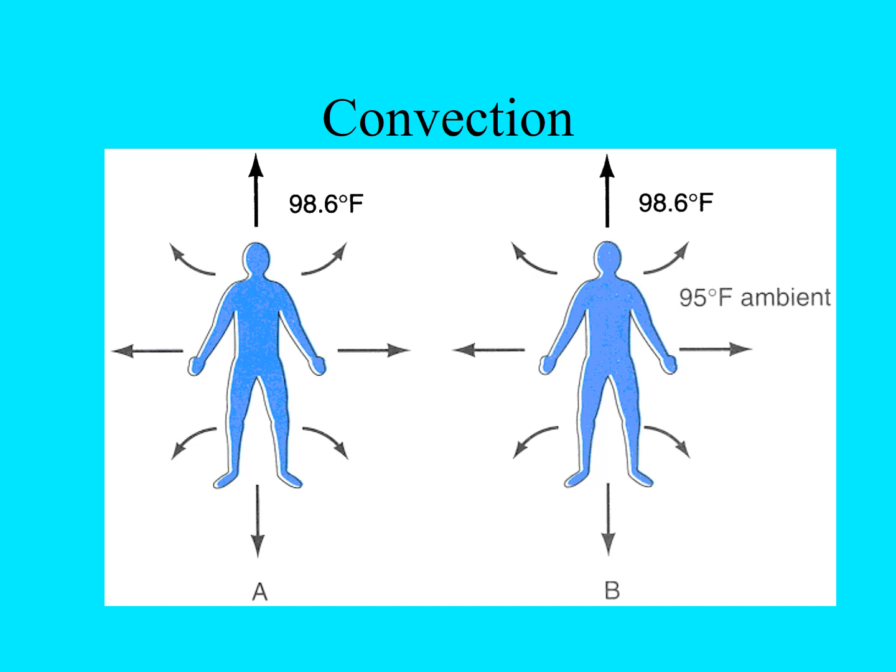So this is just showing that convection. The heat starts moving around us, and we like to be comfortable. So most of our relative humidity, we'd like to be around 45%, 50% relative humidity.